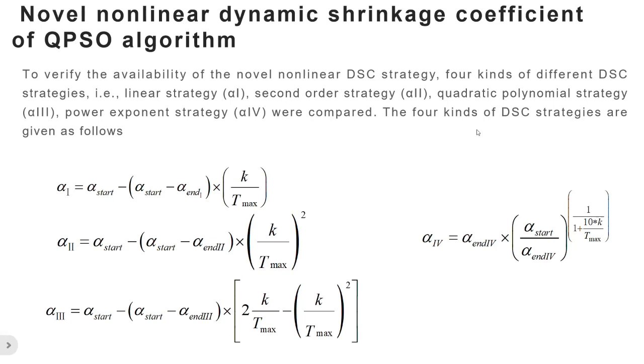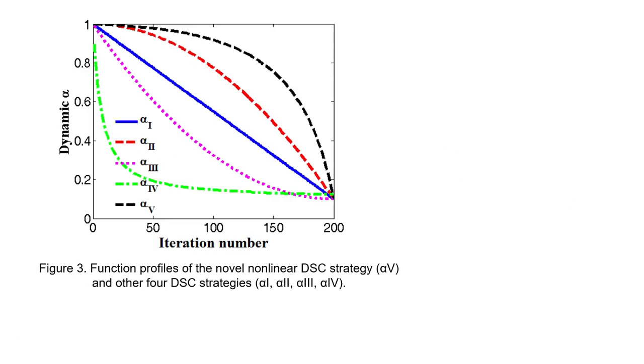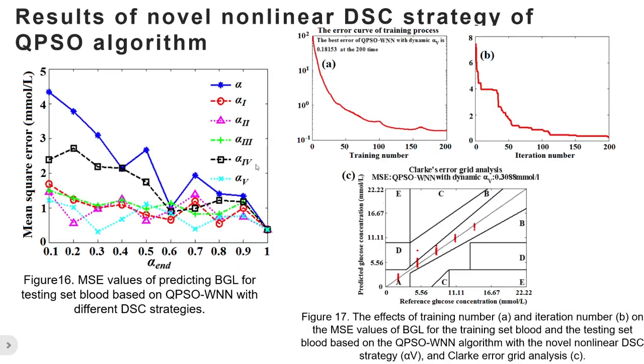The 4 kinds of DSC strategies were given as follows. For the novel non-linear DSC strategy, that is given as follows, and the dynamic ranges of the 5 kinds of DSC strategies are given in Table 1. And the function profiles of the novel non-linear DSC strategy and the other 4 DSC strategies were also presented in figure 3.